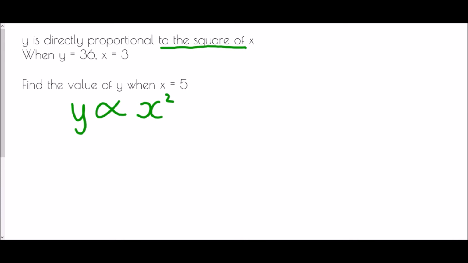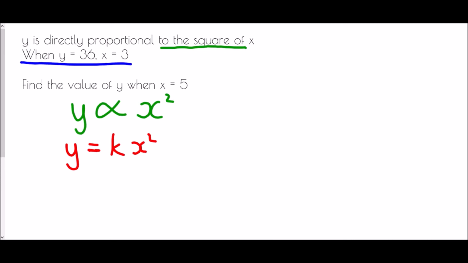And so, once again, we go through the same process. We need to turn our proportion formula into an equation. So y equals k x squared, bringing in our constant of proportionality. Then we come to the second line of our working out. When y equals 36, x equals 3.